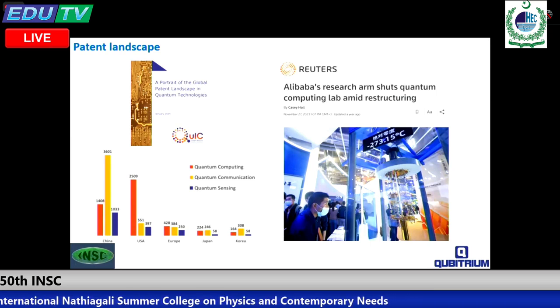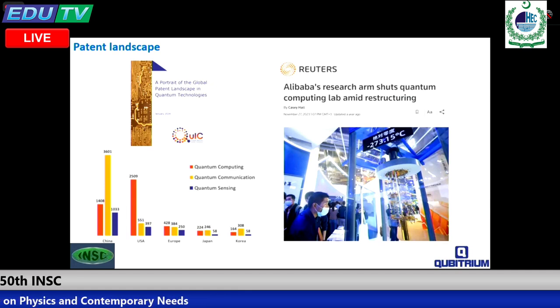And if you look at the news, I think you will understand that the actual justification might be lying down there. See, Alibaba Research shut down its quantum computing lab amid restructuring, and they just gave their quantum computer to a university for studies. And they said that they will not continue anymore. Might be because of the patents and losing the edge to the US.